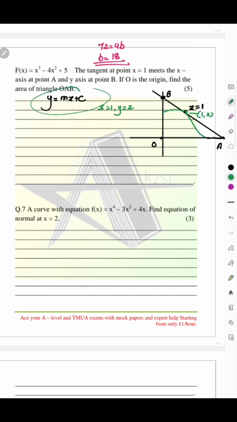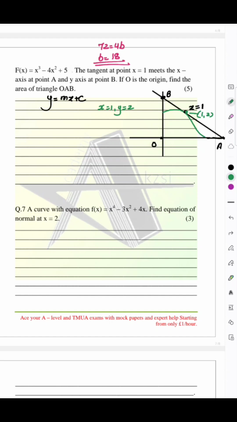So for y equals mx plus c, we have the point. Now we have to calculate the gradient, and obviously the gradient of the tangent at this point is given by the gradient function. I explained when I was explaining the theory that at a given point, if we want to calculate the gradient, calculus tells us to find the derivative.